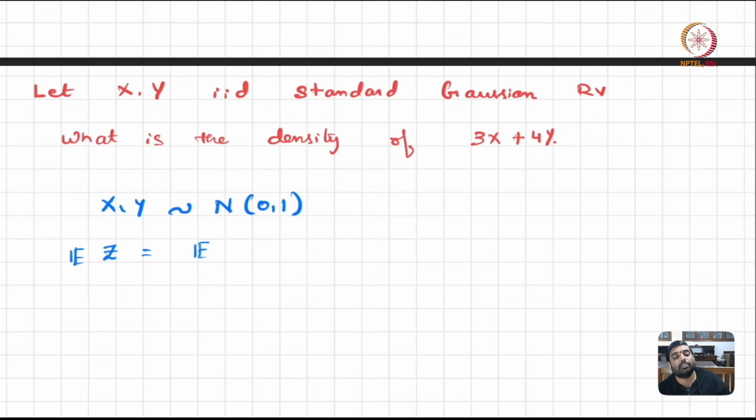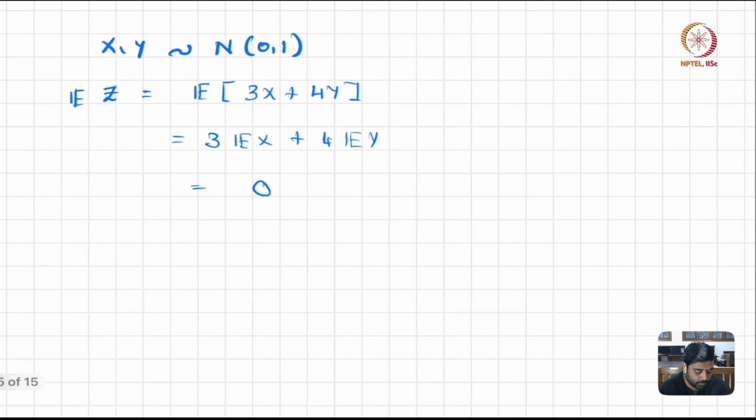For density understanding, you should know the expectation and variance. So expectation of 3x plus 4y, by linearity, is 3 times expectation of x plus 4 times expectation of y. This is 0, since expectation of x is 0 and expectation of y is 0. Then variance of z is variance of 3x plus 4y.